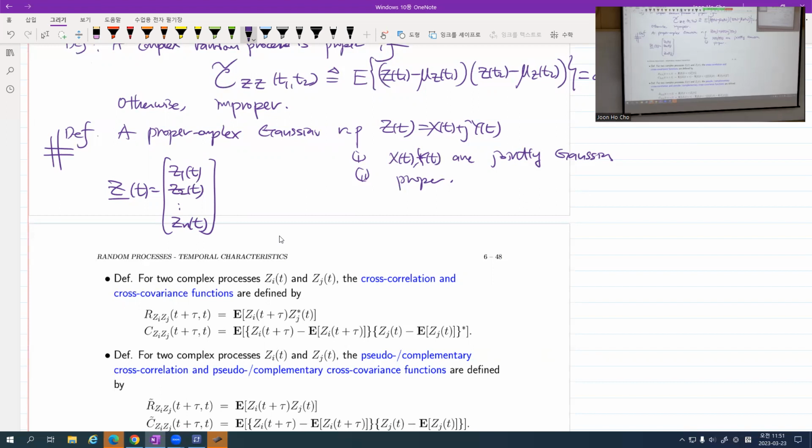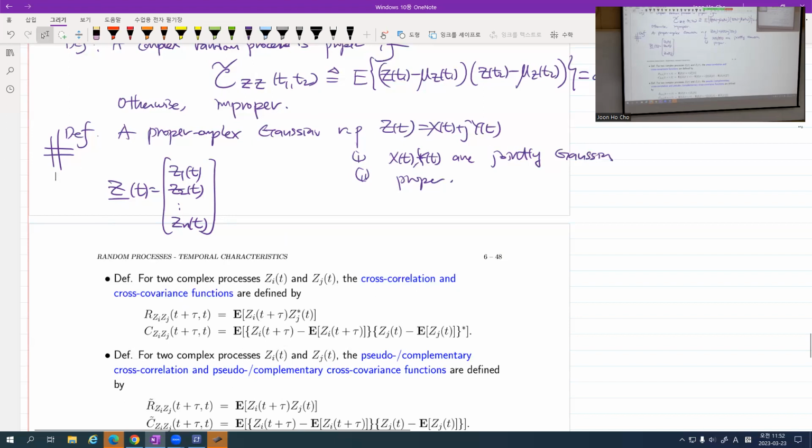The simplest example of a complex vector valued random process is when we have two complex random processes. So this i may be the ith entry, and this j may be the jth entry. Got it? And cross correlation, cross covariance can be simply defined this way using conjugation. Complementary or pseudo correlation and covariance functions can be defined without conjugation.